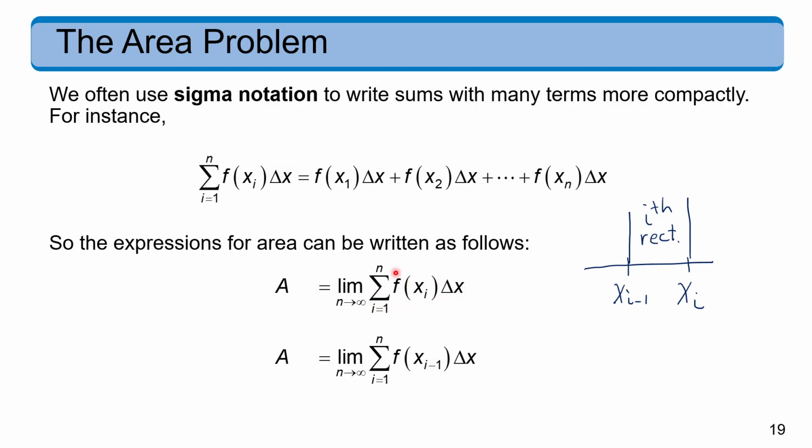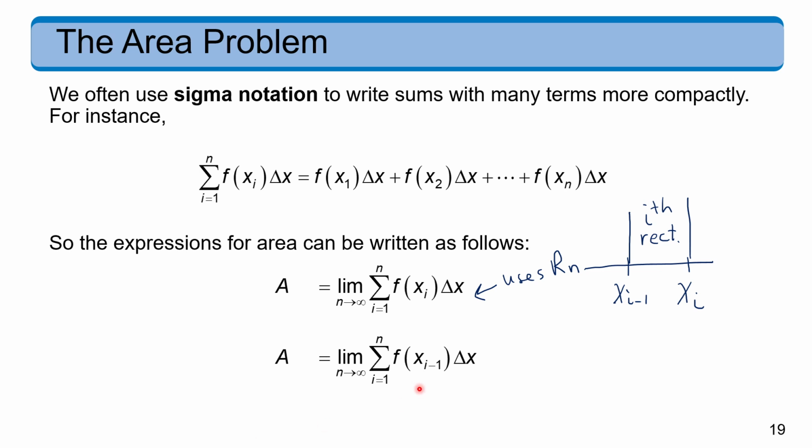So this expression here is the formula for using the right endpoints with n rectangles. Okay, so this is using R sub n, right? R means right endpoints. N means there are n rectangles.